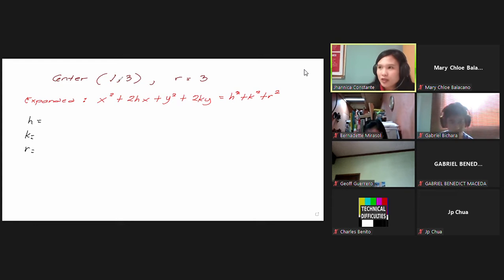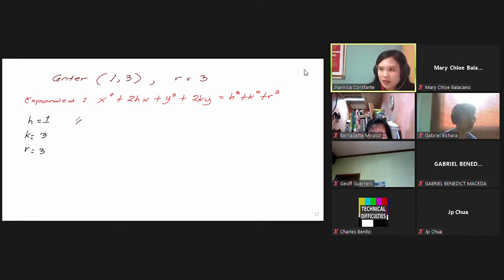For our h, we have positive 1. For k, we have positive 3. And for radius, we also have positive 3. So substitute the given values of h, k, r in the expanded form. So x squared will not change.